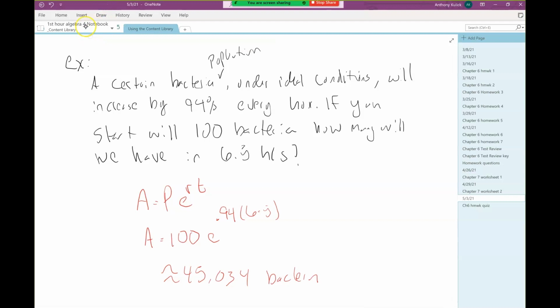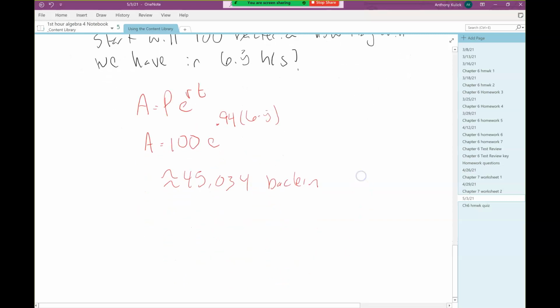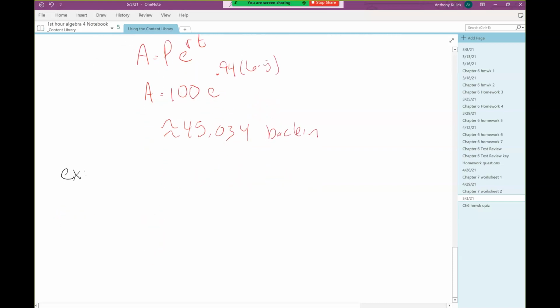So if we have a biological system where the system is changing at every instant, we should be using this model. But we might also want to use this model in a financial or compound interest situation.